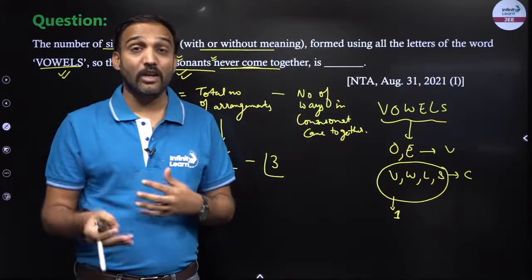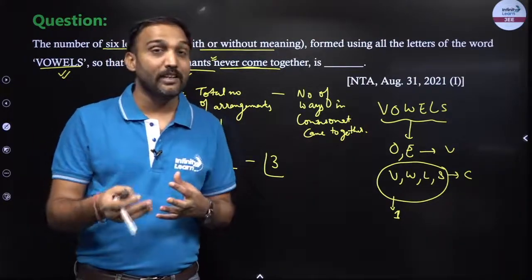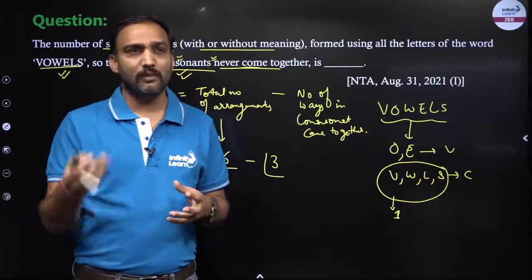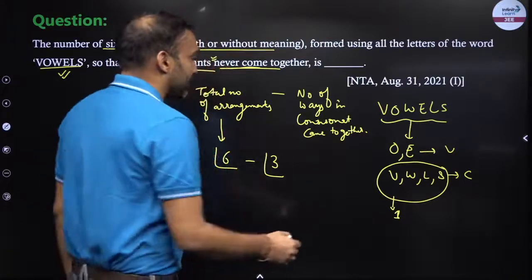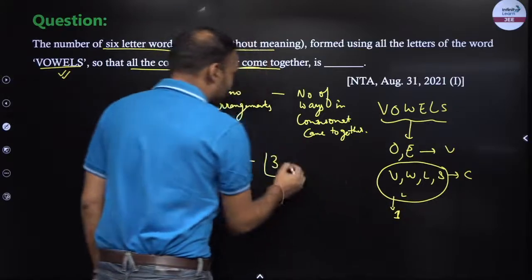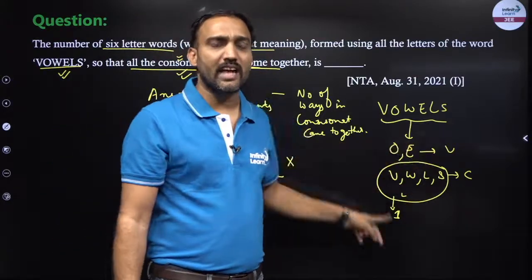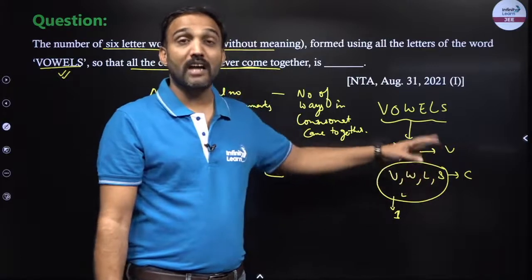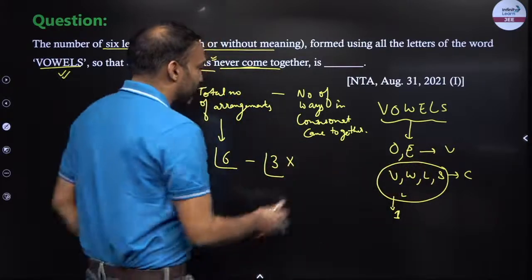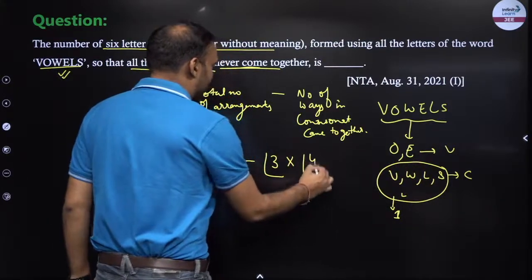But they can be in any order. It can be V, W, L, S or V, L, W, S. So any order is possible over here. So I have to multiply by the number of arrangements inside this particular group, that is among the 4 consonants. The 4 consonants can be arranged in 4 factorial ways.